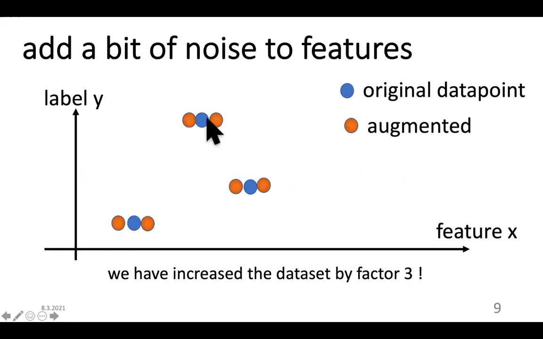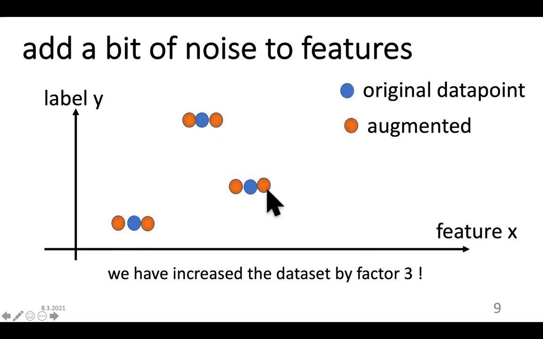So I could say equally well to the original data points, I could also have measured a slight perturbation of the original data points. So I add a bit of noise. And these are called augmented data points. And you see all of a sudden, instead of the original raw data points, the blue ones, which are 3, I now have 3 times 3 data points, 9 data points. So I have increased my original data set by a factor of 3.